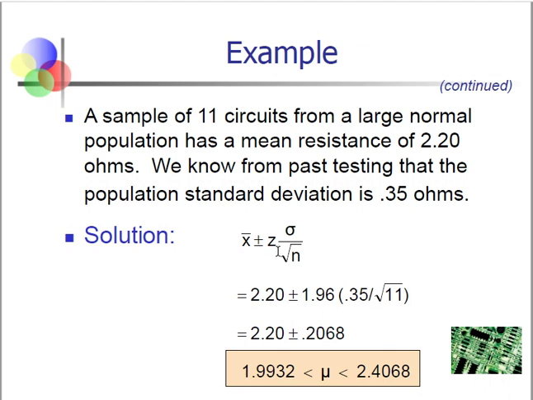So the mean there is 2.20 plus or minus the Z alpha over 2. The critical value for Z at 95% confidence level is 1.96. Then we multiply with 0.35, which is the standard deviation, over the square root of 11, and this is our sample size. What we see there is that we get a confidence interval between 1.9932 and 2.4068.